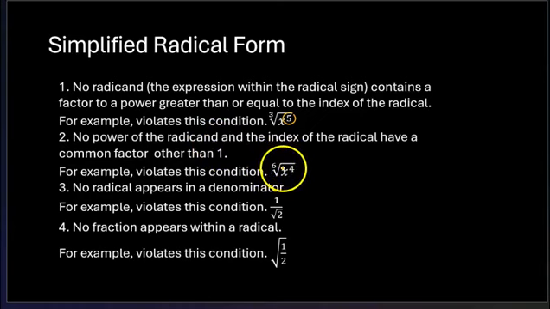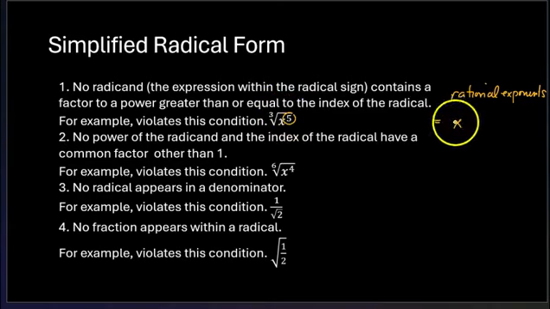Let me also introduce what we call rational exponents. Take note that these are rational exponents. That means I can write this as an exponent in terms of a fraction. So that's 5 over 3.